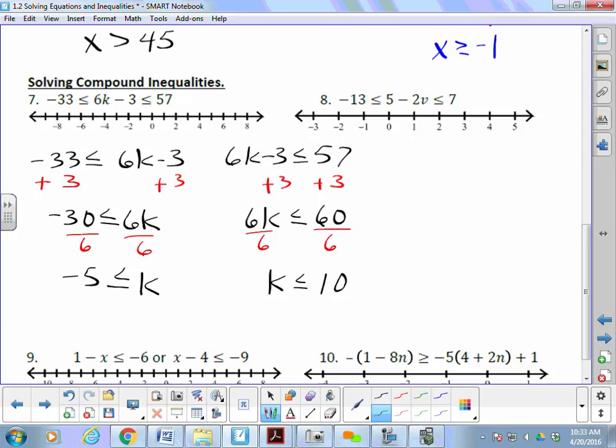So when you're done, and the number line I've given you is not big enough, these should, because it's an and, come together. So I put a closed dot on negative 5, and a closed dot on positive 10, which is down here. So I'm going to add that, and then we're going to connect them.